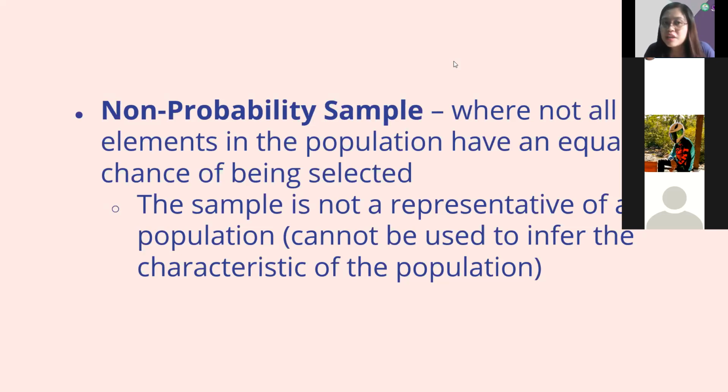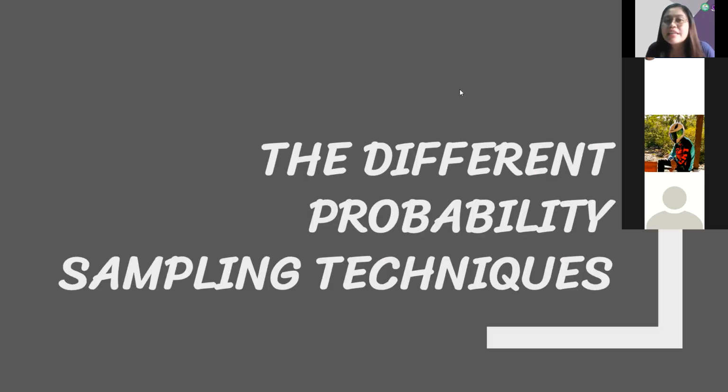Therefore, if you do this non-probability sample, this might not be considered a representative of our population, and we cannot use the data to make inferences or generalizations for the characteristic of our whole population. Now, let's discuss them one by one.